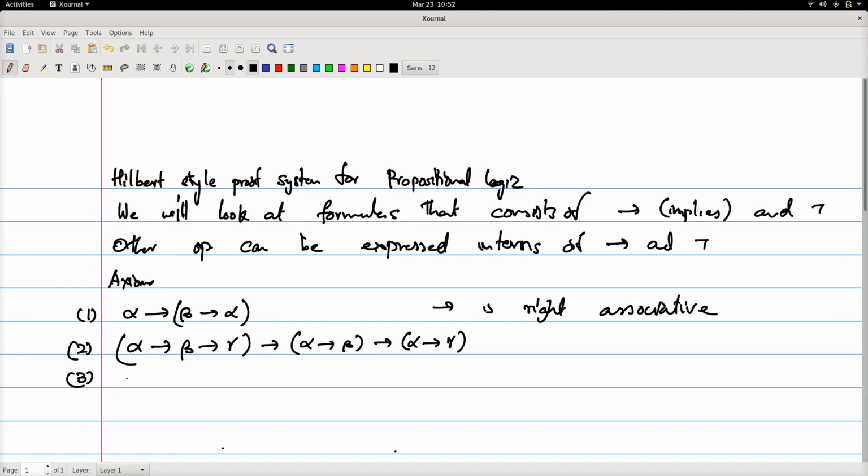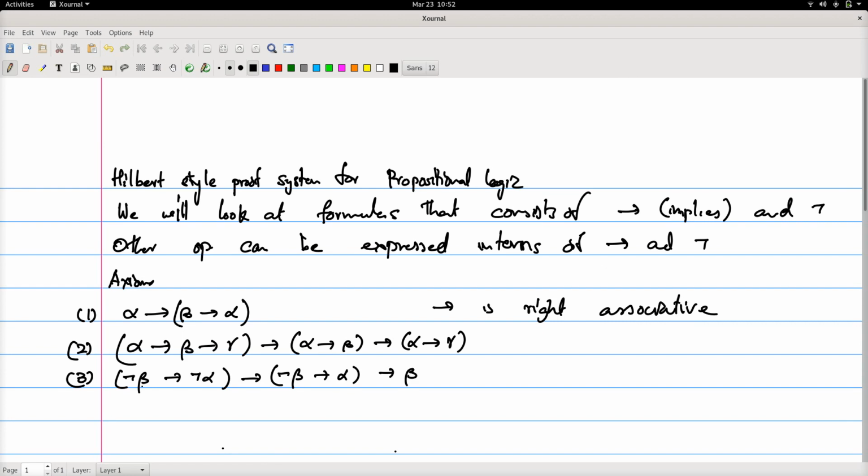The third axiom is not beta implies not alpha implies not beta implies alpha implies beta.